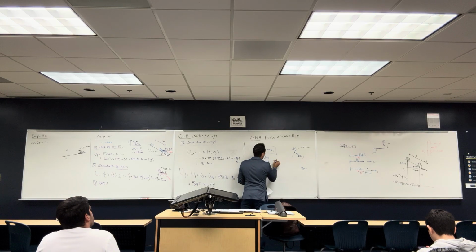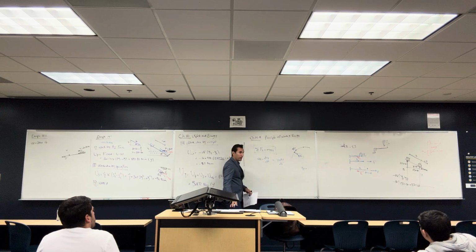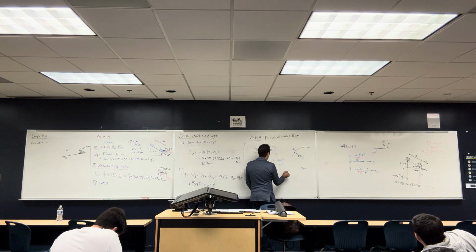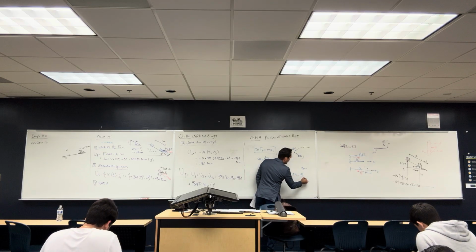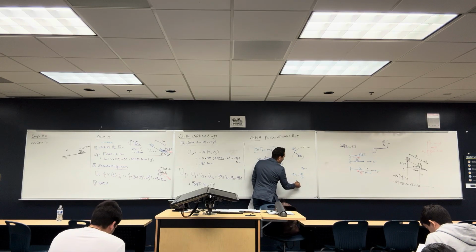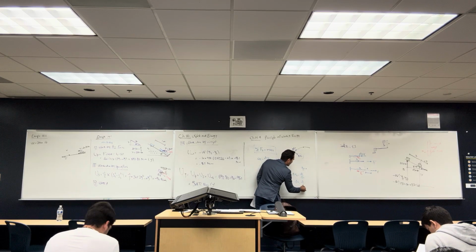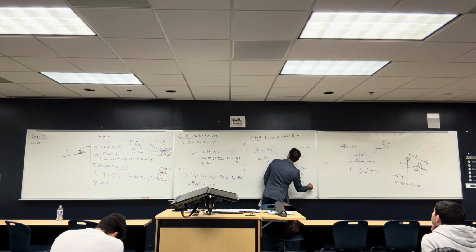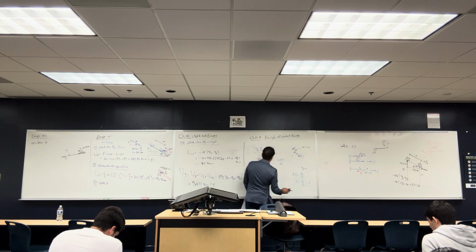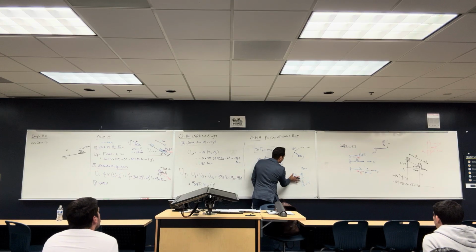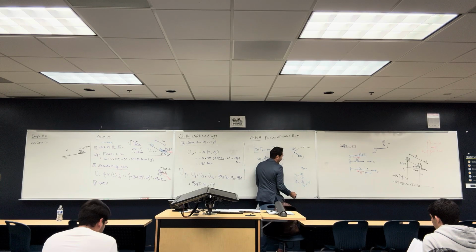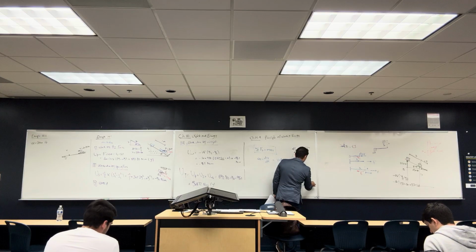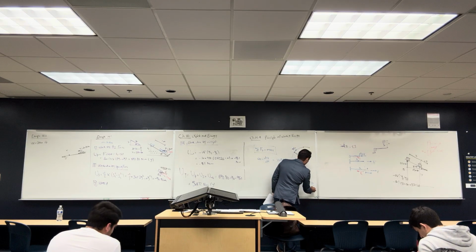And also, this is equal to v dv over ds, if you guys remember. We have done this before. We said that dv over dt is equal to the tangential acceleration, and we said that dt is equal to ds over v, and this is also equal to dv over a tangent.